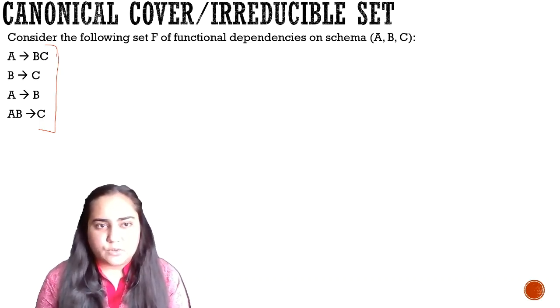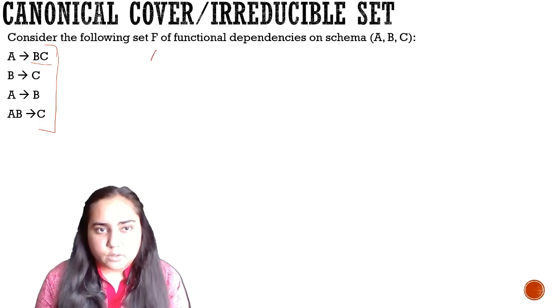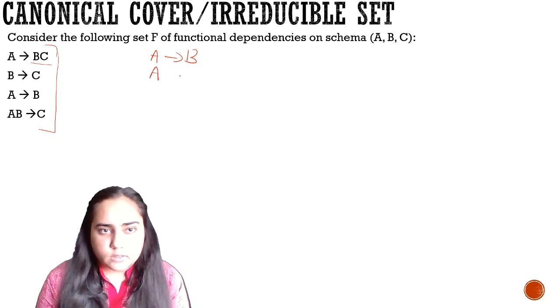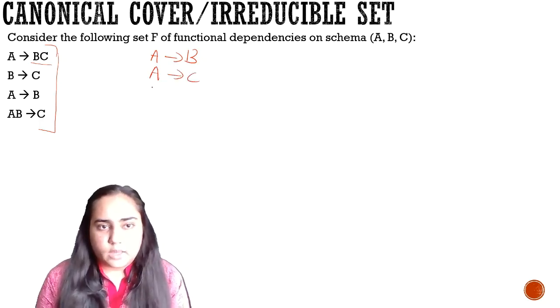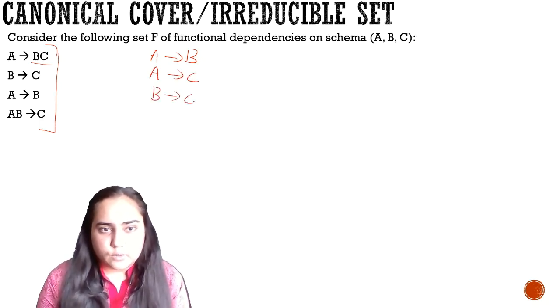The decomposition rule is a very simple rule to apply. So all you need to do is wherever you see more than one attribute on the right-hand side, you just need to decompose it, which means I will be having A determines B, A determines C, and the rest of the dependencies I'm going to write down just as they are here.